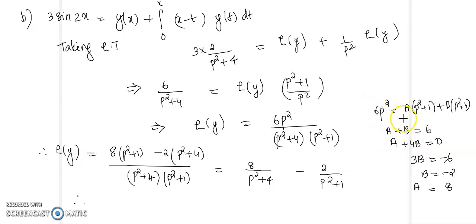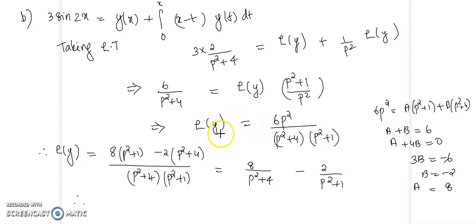Now let me take 6p square equal to a (p square plus 1) plus b (p square plus 4). When you equate the coefficients, you must get a plus b equal to 6 and a plus 4b equal to 0, which gives a equal to 8 and b equal to minus 2.